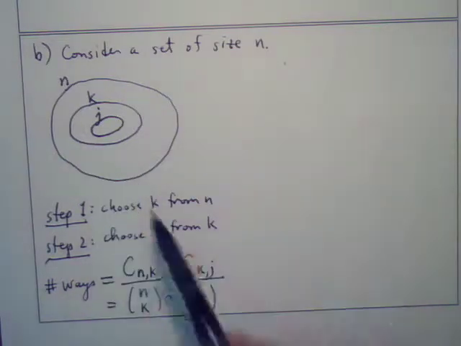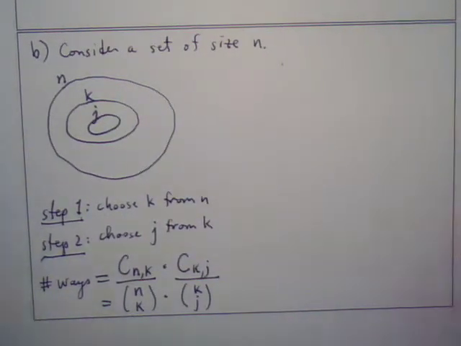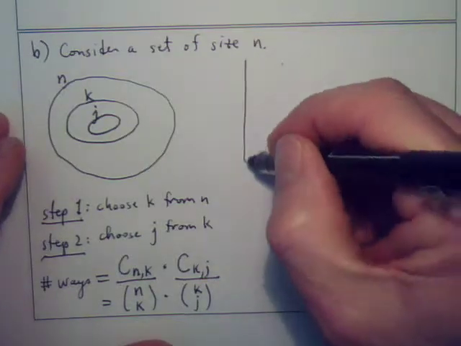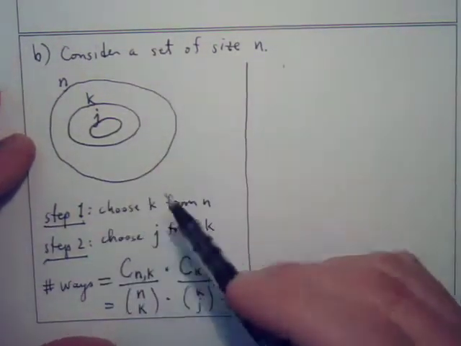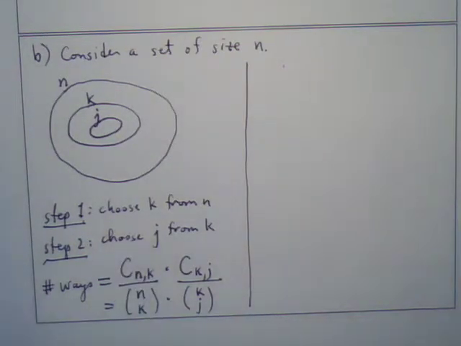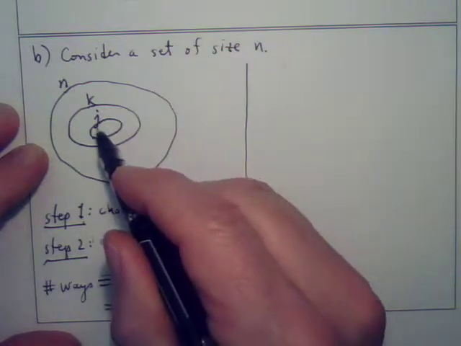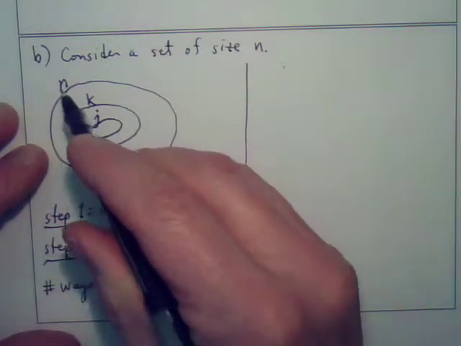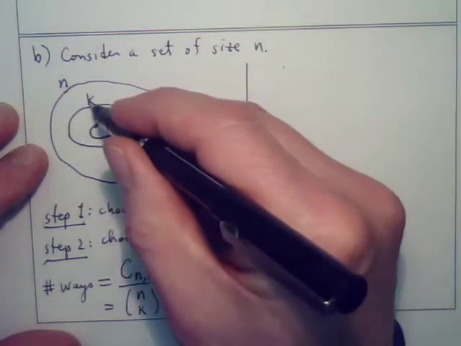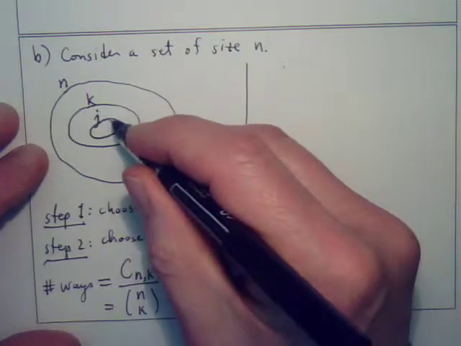Now I can make that selection a completely different way. I'm going to do the same selection using two different steps. The first step is going to be to choose the smaller set of j elements out of n. And then I've got to choose the other ones outside of the j here.